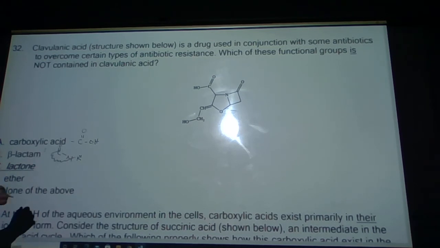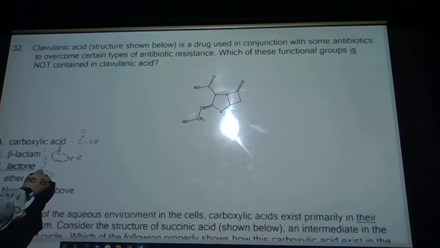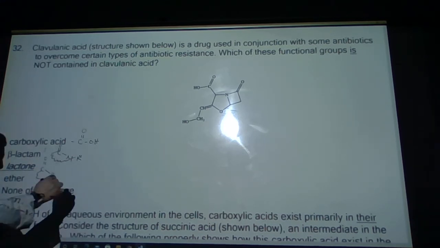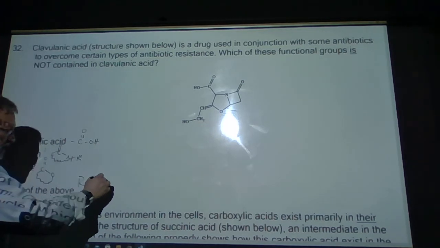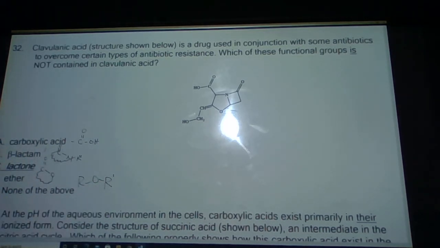A lactone is a cyclic ring system, C double bond O, O, with this carbon group connectivity circling back to itself. An ether is a carbon oxygen carbon containing bond. So do we have a carboxylic acid?